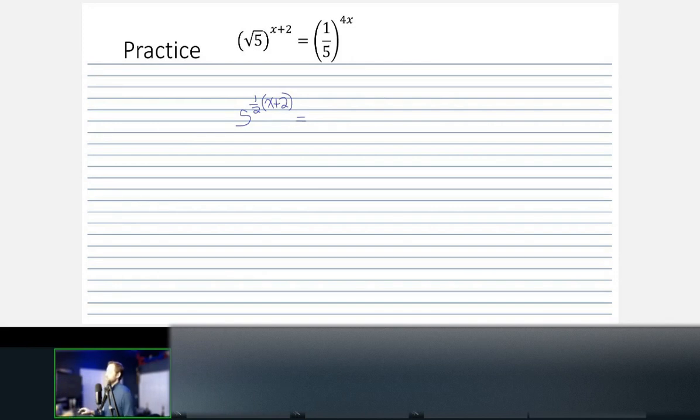Okay, how can I rewrite 1 over 5 to have 5 as the base? Remember that 5 has a 1 exponent. It doesn't have a 5 exponent, it has a 1 exponent. So we bring it to the top, and it becomes 5 to the negative 1.